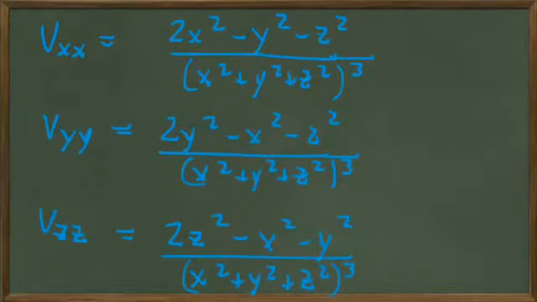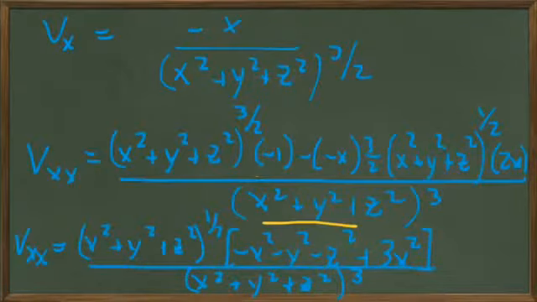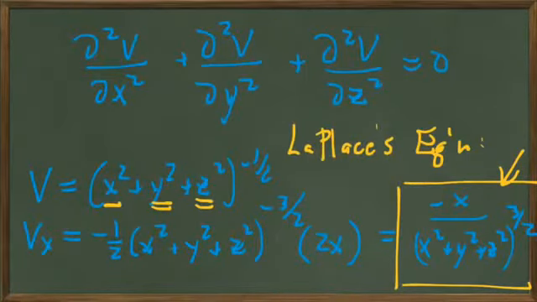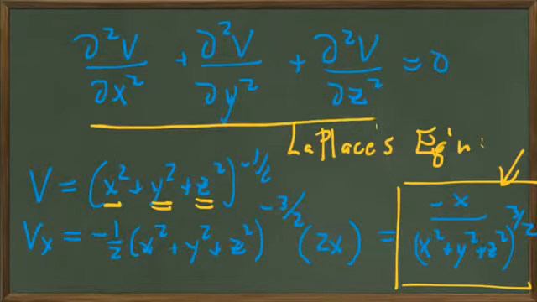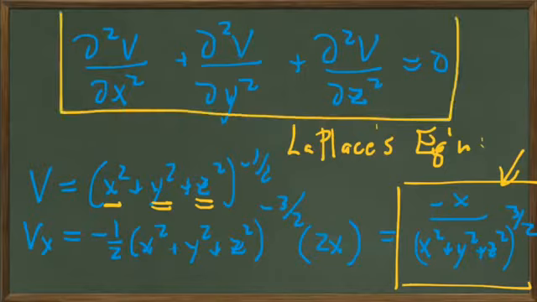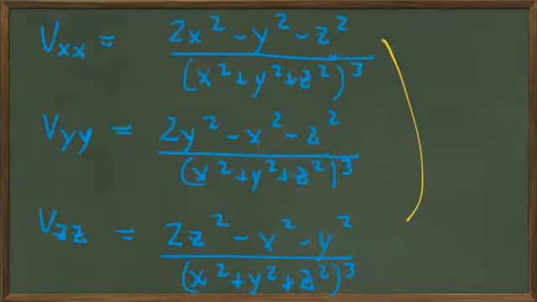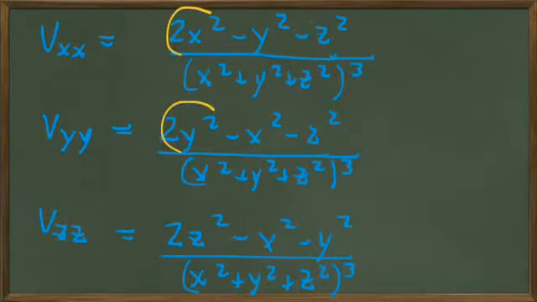So if we look at these three expressions, recall that what we are trying to do here is add these three partials together, v sub xx plus v sub yy plus v sub zz, and see if they're equal to 0. So we look at what we have here, and we notice that we have a 2x squared, a 2y squared, and a 2z squared in the numerator.